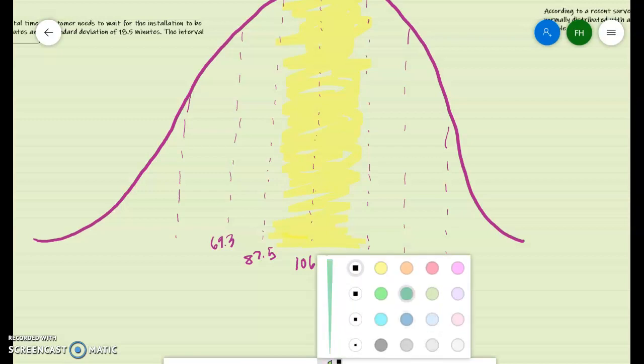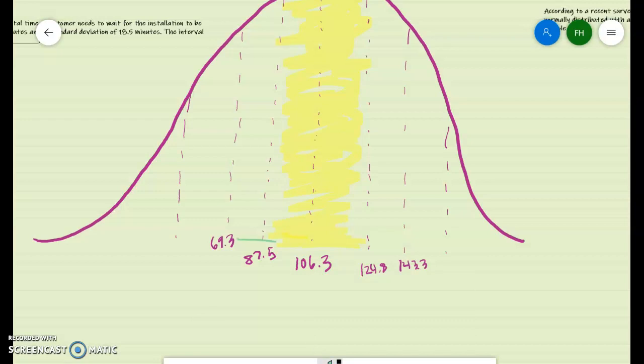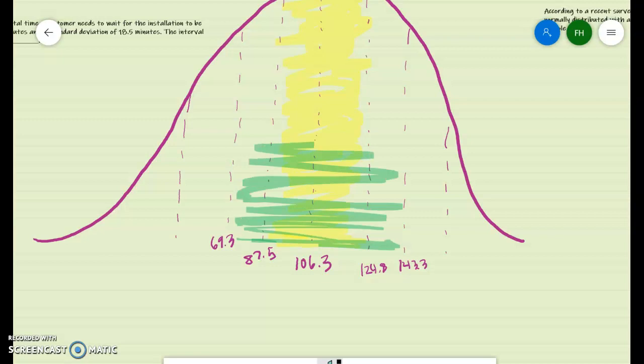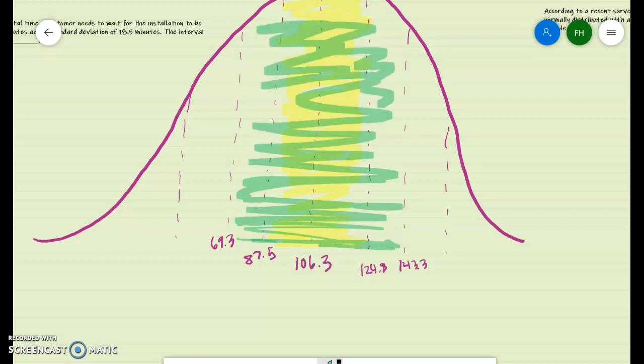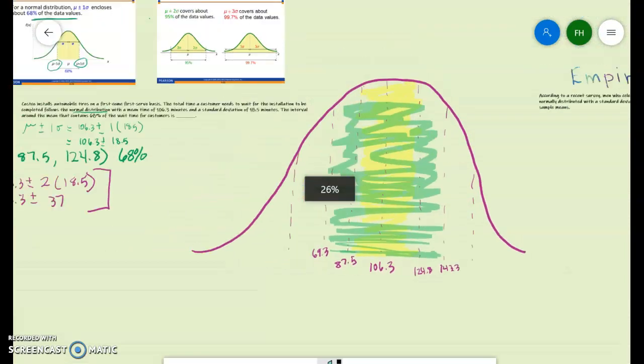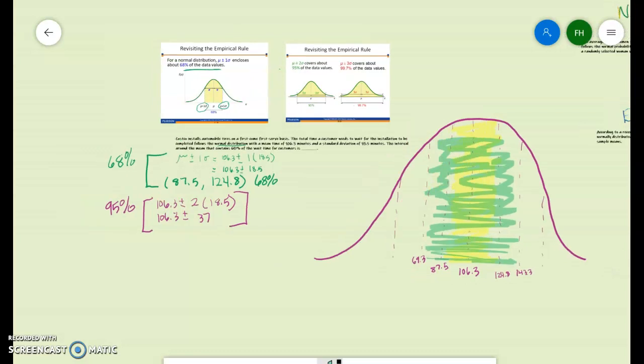So what that means is 95% of my customer wait times are going to fall in the interval of 69.3 and 143.3, 2 standard deviations away from the mean.